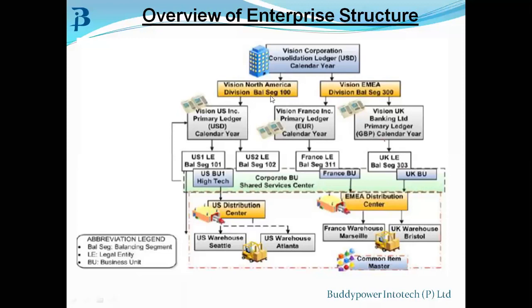Then you can see here that Vision Corporation has two divisions, which are North American and Vision EMEA. EMEA is nothing but European, Middle East, and African countries. Underneath the North American division, you have one primary ledger, wherein you're using USD as the functional currency, and the calendar year, January to December.